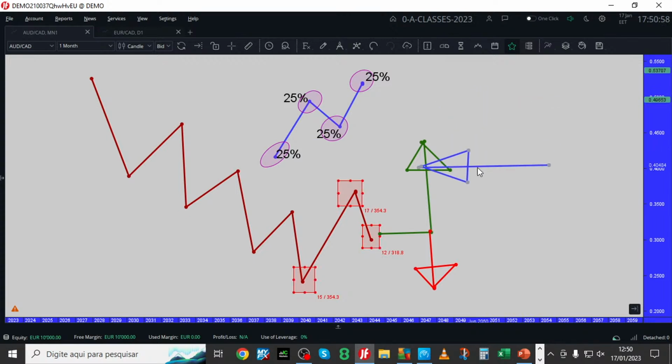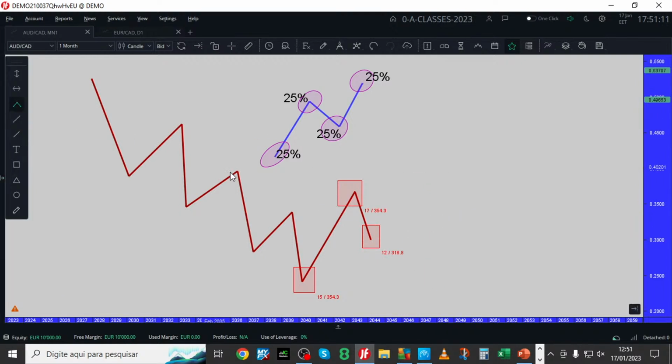No, sir. You are missing the confirmation. You are missing the confirmation. Everybody, how many times have you seen something like this, you buy, and the market does this? How many times? Did this happen to you? Everybody, you buy and then this happens.